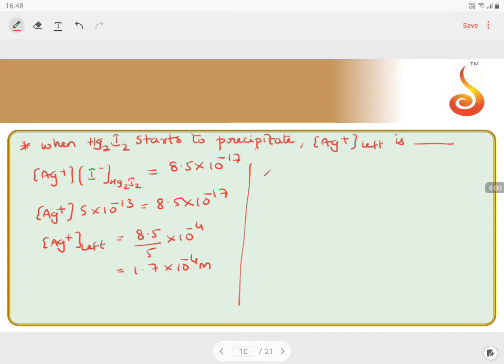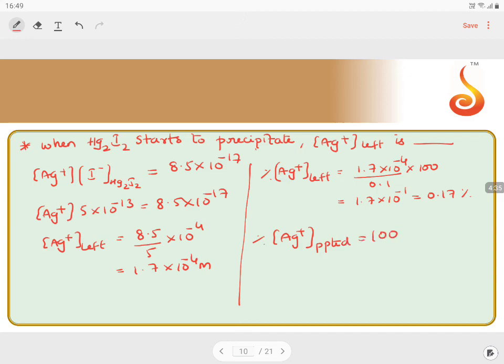Now the percentage of Ag+ ion left is 1.7 × 10^-4 divided by the initial 0.1, times 100, which is 1.7 × 10^-1, so 0.17% is left. The percentage of Ag+ ion precipitated will be 100 minus 0.17, which is 99.83%.